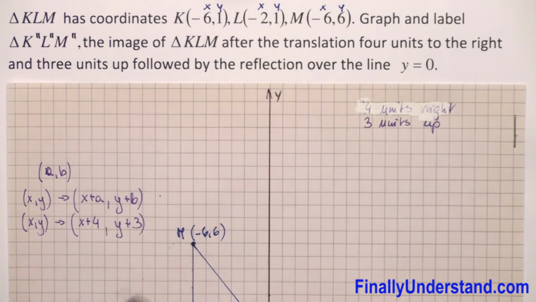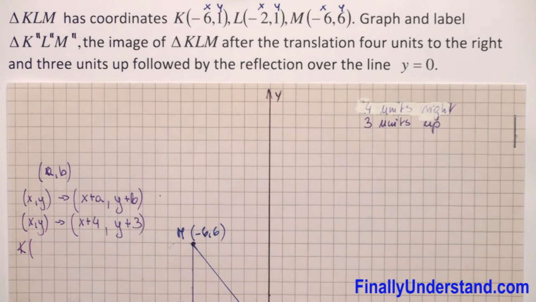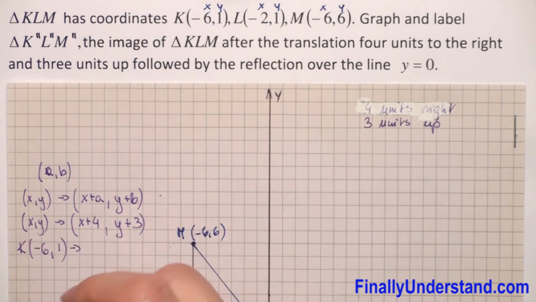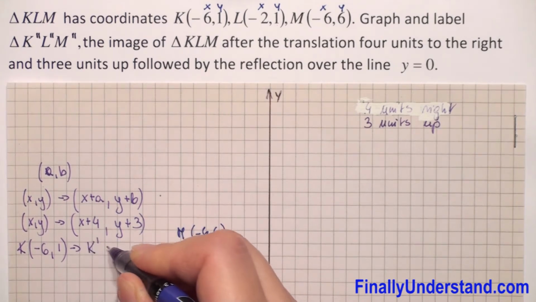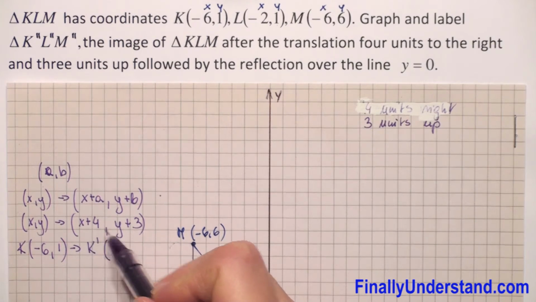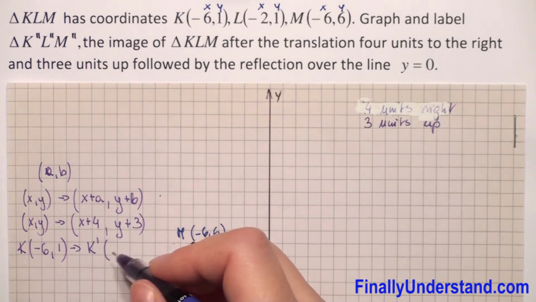So point K has coordinates (-6, 1). After translation, what will it be? We can write K prime. To the first coordinate we add 4 and to the second 3. When we move to the right or up, we add. When we move to the left or down, we subtract.